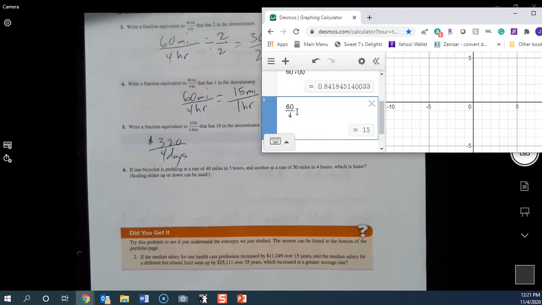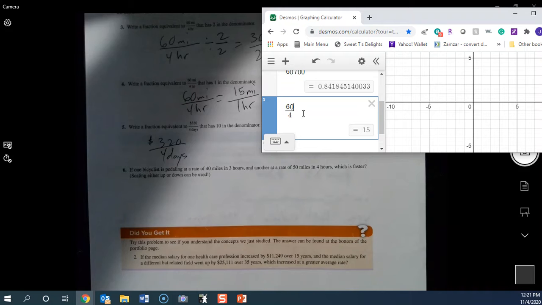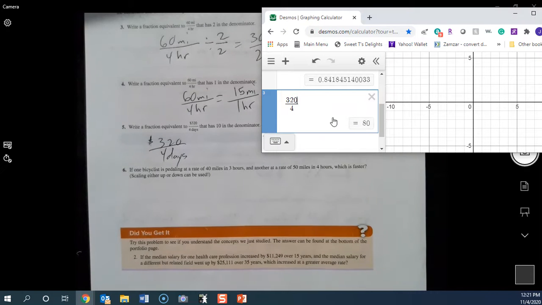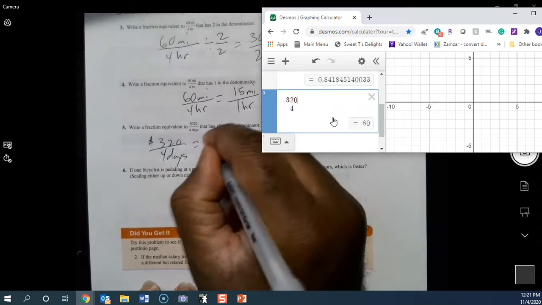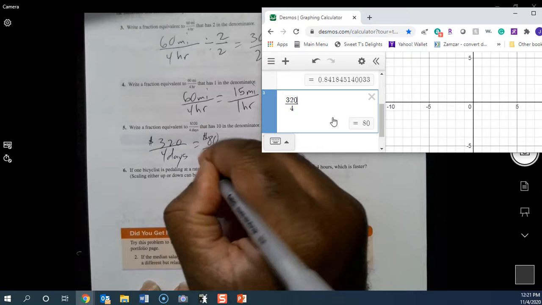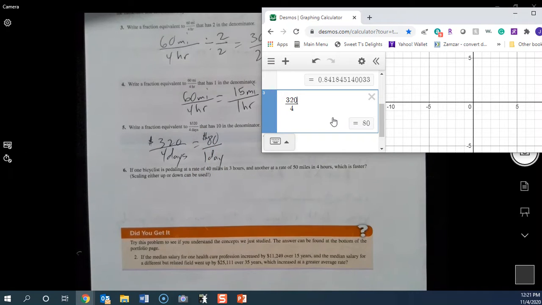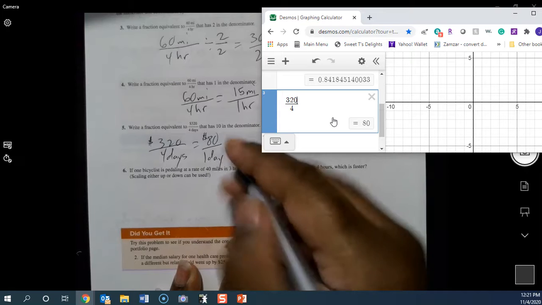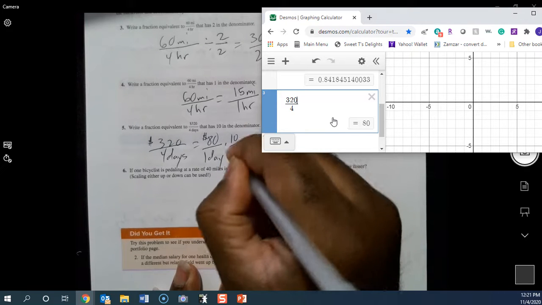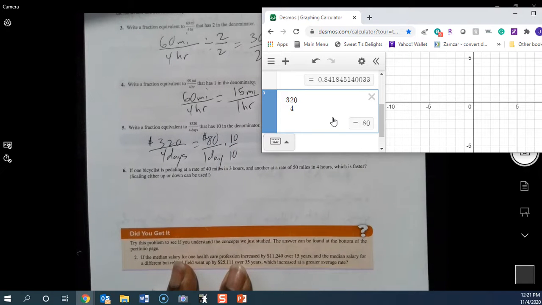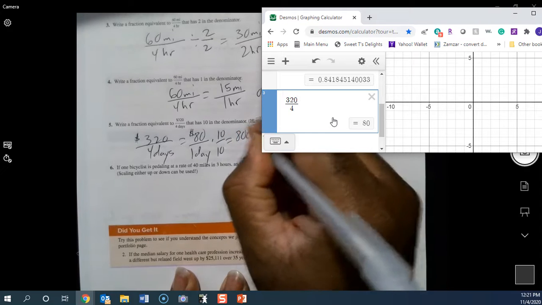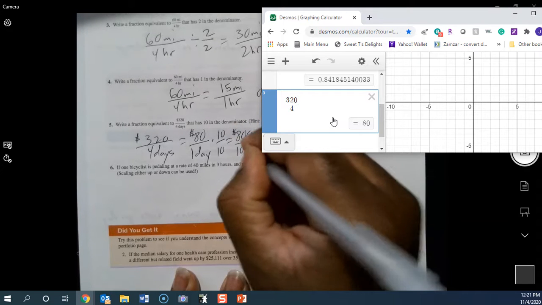So we could take 320 and divide it by 4. And that would give us 80. So this would be $80 over 1 day. Now remember, they want us to have a denominator of 10. So we ask ourselves, 1 times what is 10? We know that's 10. So we'll multiply our numerator and denominator by 10. So that will give us $800 over 10 days.